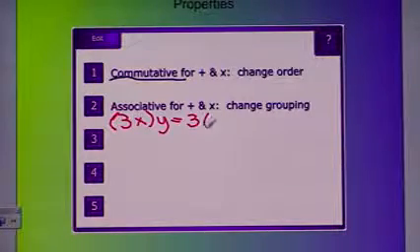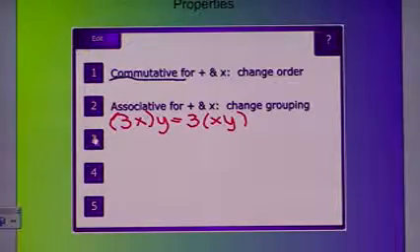And now 3 is left by himself and x and y are now BFFs. Well, the group changed. Over here, 3 and x were friends. Over here, x and y were friends. So since the group changed, that's associative property. And it's actually associative property of multiplication because what are we doing in this example? Multiplying 3 times x times y.